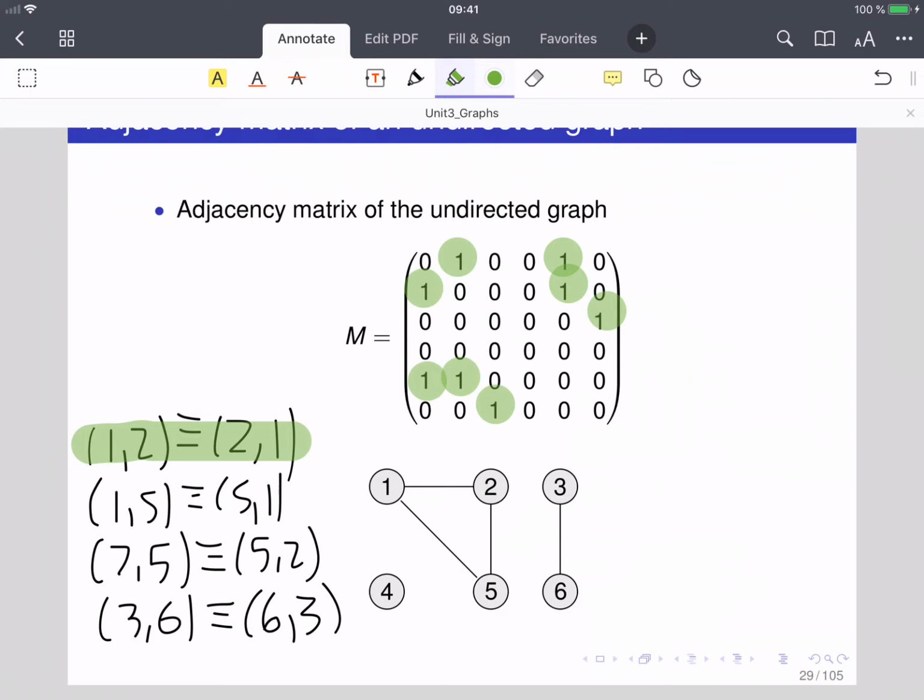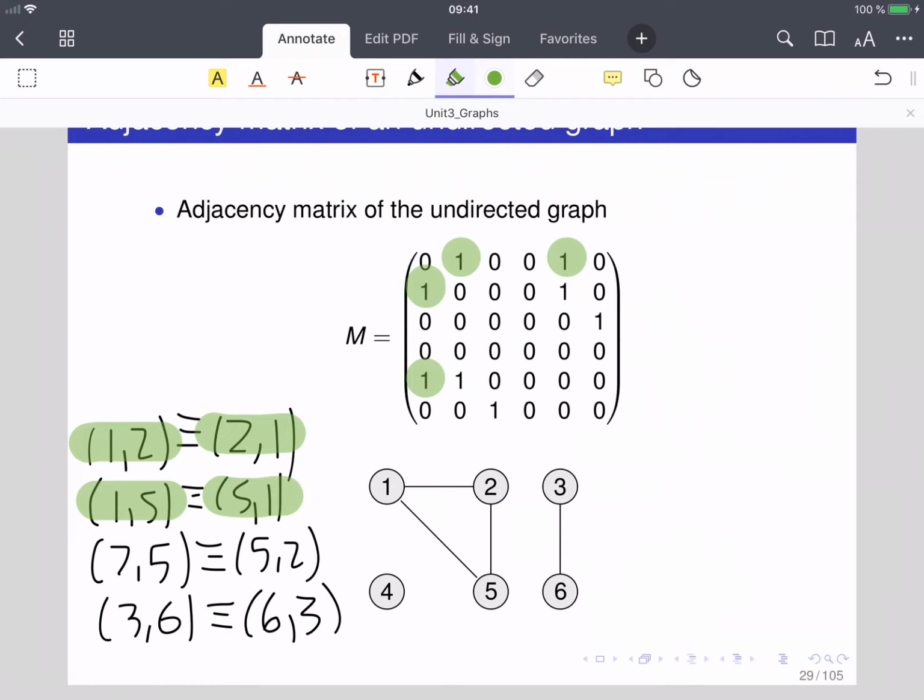Let's see where all these edges are appearing and check that in fact this is the matrix that represents this graph. 1, 2 appears here in position 1, 2 and also appears as 2, 1. 1, 5 appears here in position 1, 5, but also appears in the symmetric position, 5, 1.